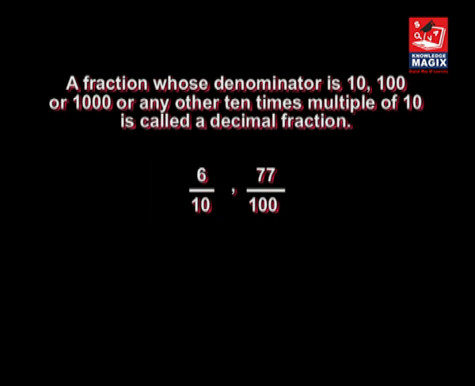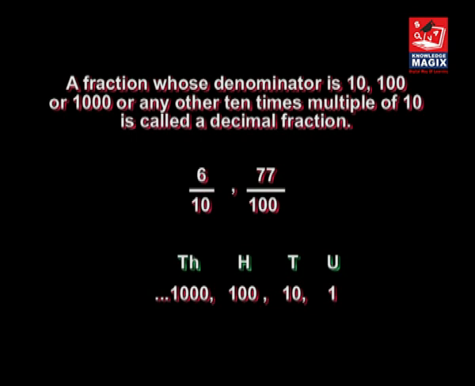These fractions are written in the numerator and denominator form. But it is convenient to write these fractions in some other way. To use this method, let's remember our usual method of writing numbers. In this method, we make new places for tens, hundreds, thousands and so on.